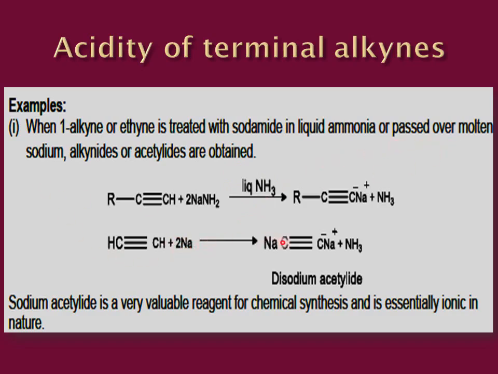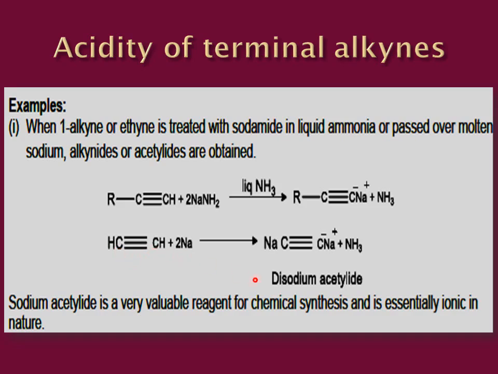You can see over here sodium alkynide is formed, and in ethyne, which has hydrogen atoms on either side, both these hydrogen atoms have acidic character because they are directly attached to sp hybridized carbon atoms. So they are going to yield disodium acetylide.